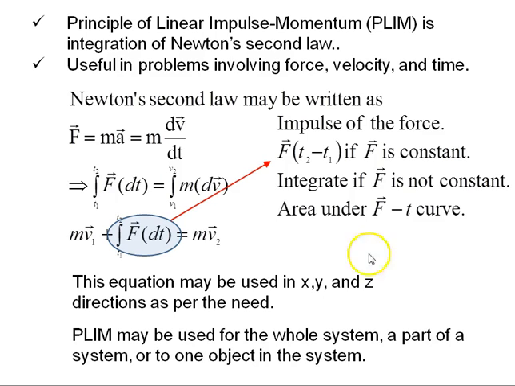Again, we may note that we can use this principle of linear impulse momentum for the whole system, or maybe one subset of the system, that is one subsystem, or to one object in the system. In each case, it is a good idea to draw the free body diagram of the system and then proceed to solve the problem. Having seen what this PLIM is, let us try to solve a few problems.